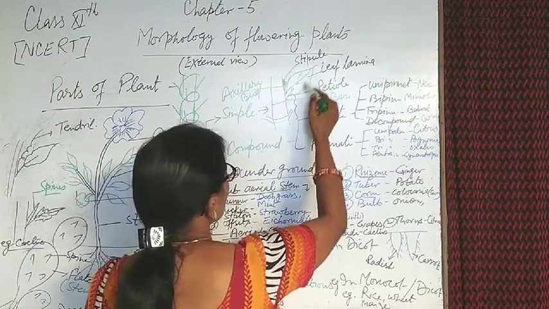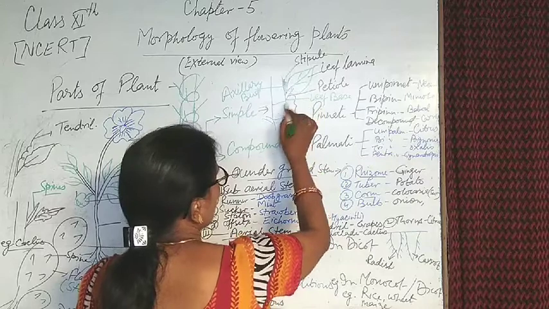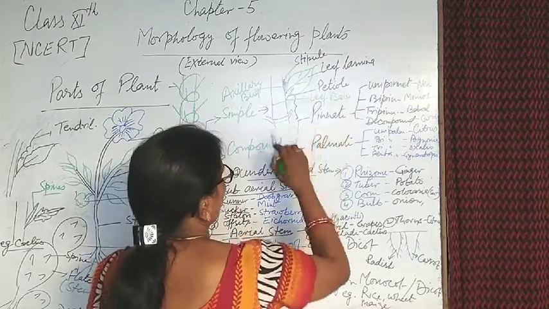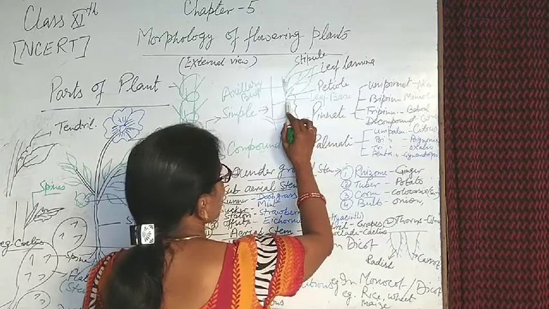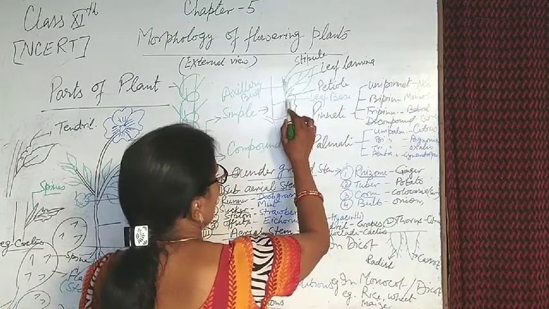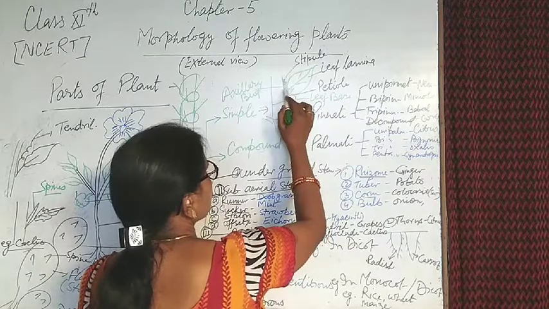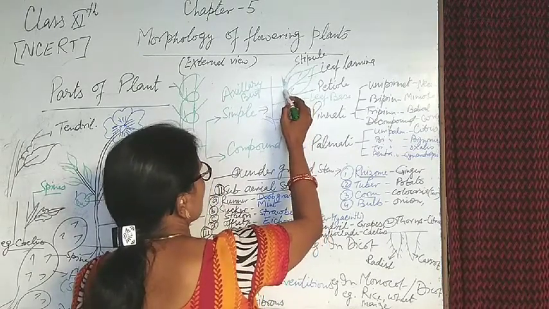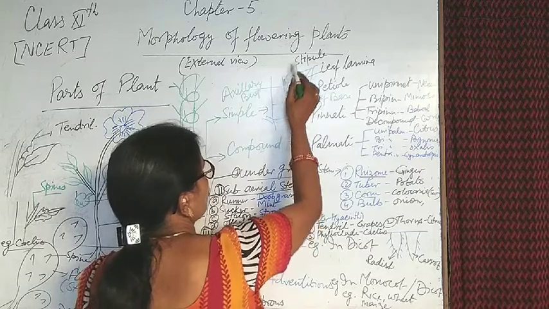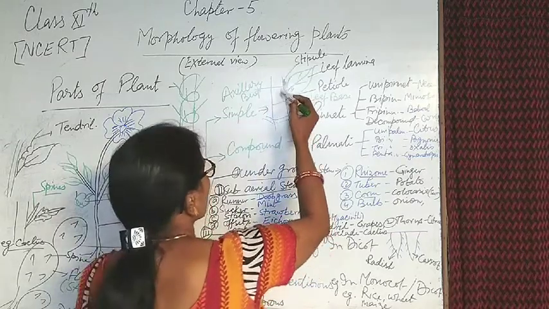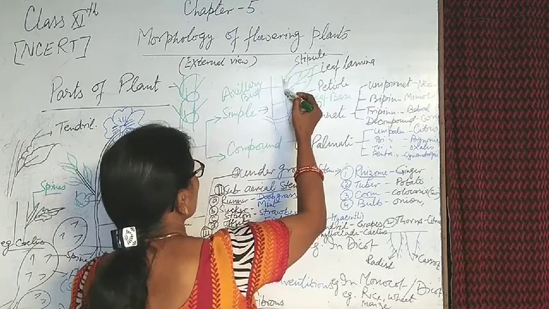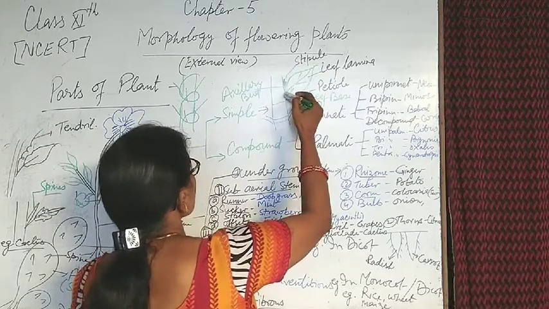The leaf blade is attached to the stem by the petiole, and the leaf base arises with two components. First, tiny stipule, a thorn-like process.